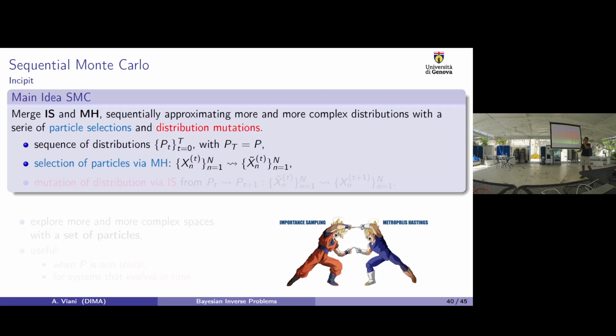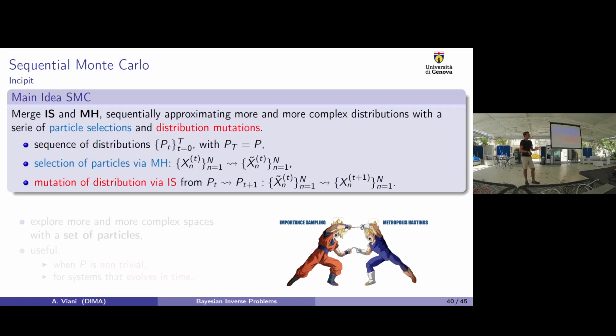I practice a step of Metropolis-Hastings, so I evolve the particles, I mutate the particles, I select the particles, so I use the same words over here. Using Metropolis-Hastings, and then I import those particles from the actual distribution p_t to p_{t+1}, using importance sampling.